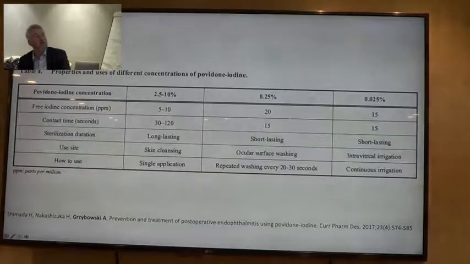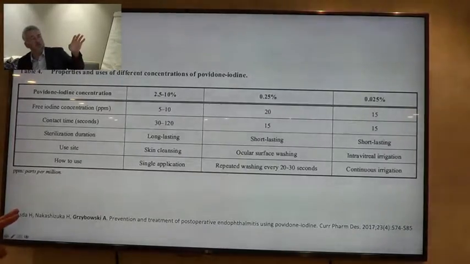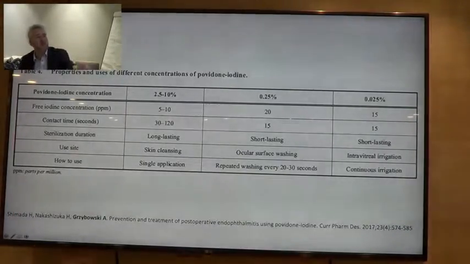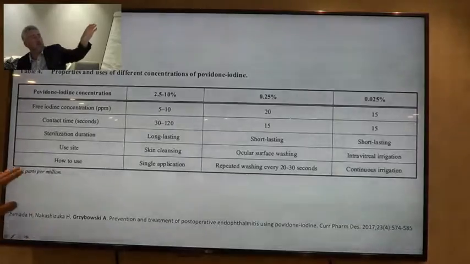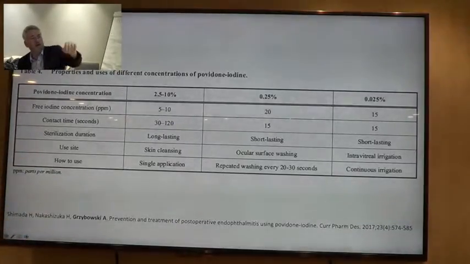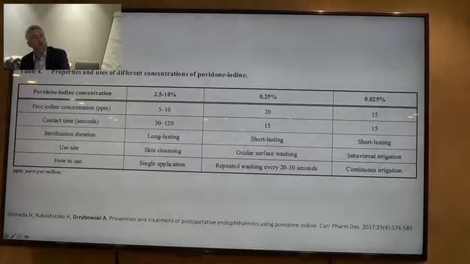So the lower concentrations, as you see in this table, like 0.25%, can be effective because they have much more free iodine. It is shown here in the table, 20 ppm versus 5 to 10 ppm in high concentration.